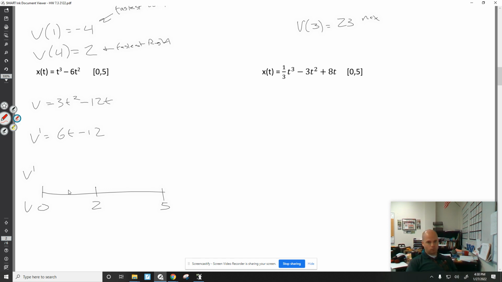I hope you're staying with us and not thinking, oh, this is easy, because not the rest of the homework is like this. Plug in 1, negative, plug in 3, positive. So V is decreasing, then increasing. I know V of 2 has got to be the min. Now if I plug in 2, I get 0. So the min is actually when I stopped.